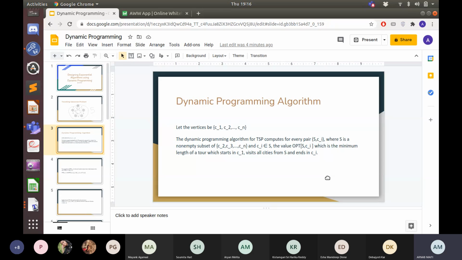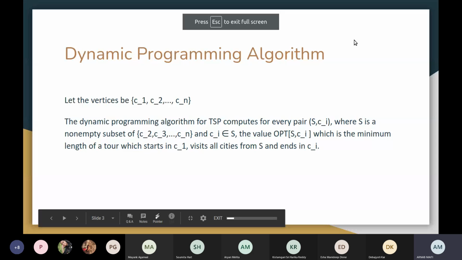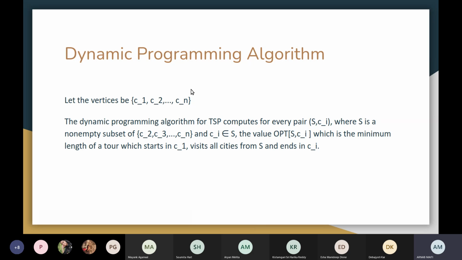For this particular problem, let's see how we can frame our dynamic programming table. Let me go to full screen, it will be better. So let us assume that the set of vertices in the graph is C1 to Cn. Our dynamic programming table computes something called OPT(S, Ci). This is the table we are trying to compute.